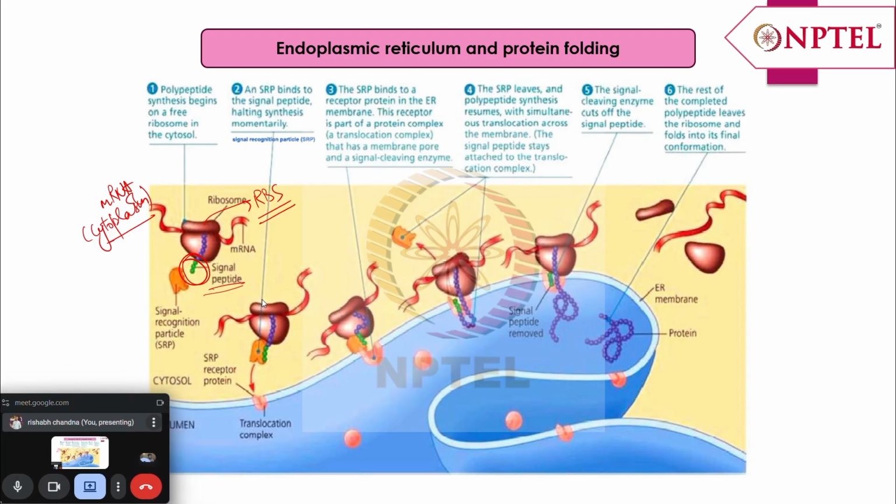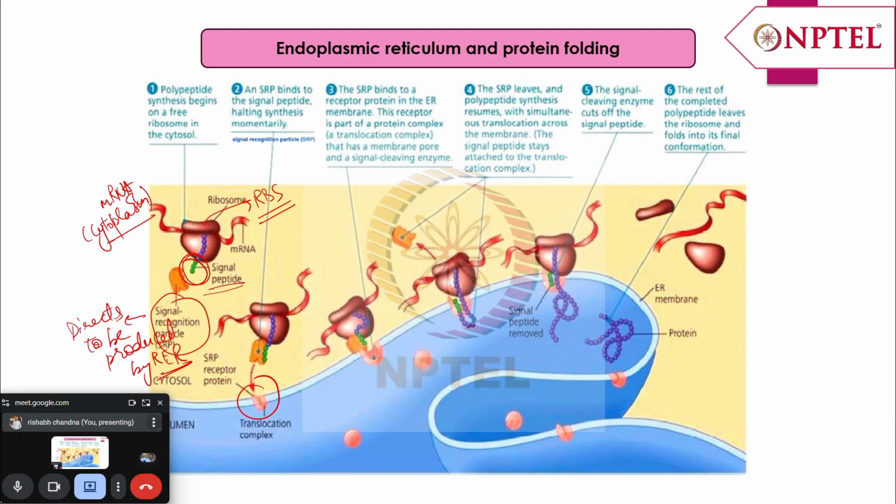Okay, so this SRP is very important, as it directs the protein to be produced by the rough endoplasmic reticulum. This SRP is recognized by a receptor, or the translocation complex, present on the rough endoplasmic reticulum membrane.